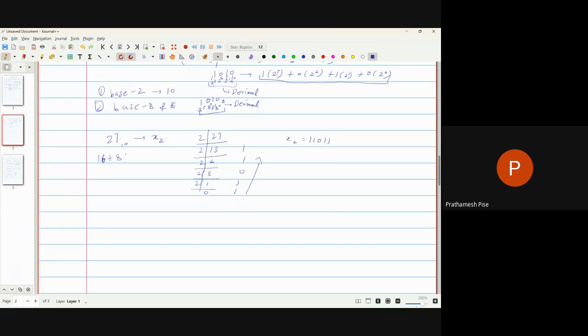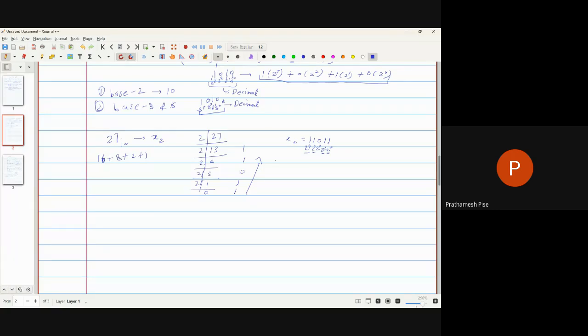And we now have to add 3, which is 2 plus 1. If you see here, this is 16, this is 8, this is 2, and this is 1. So this will happen in this way.